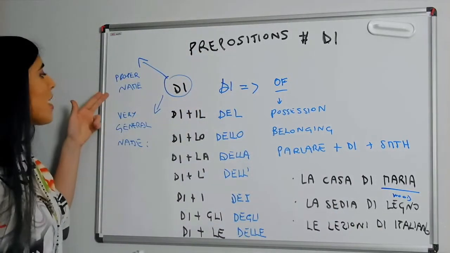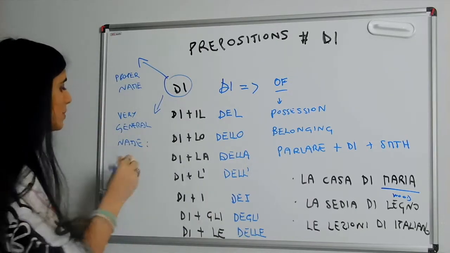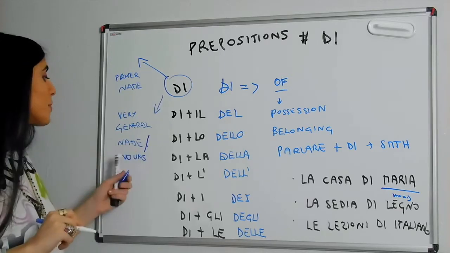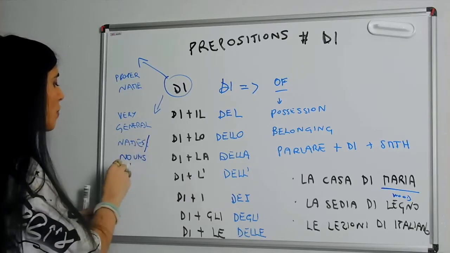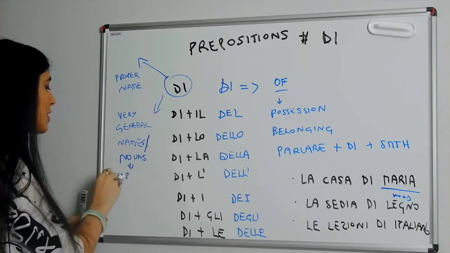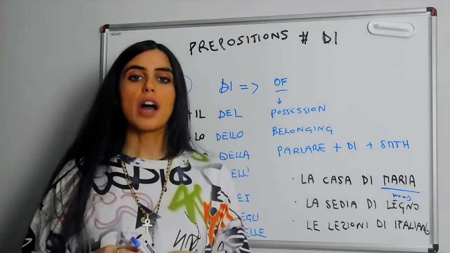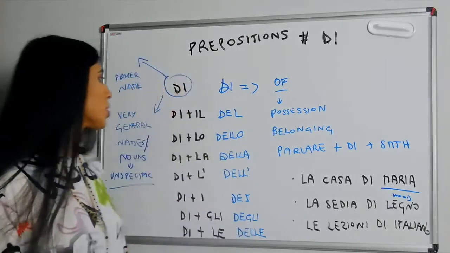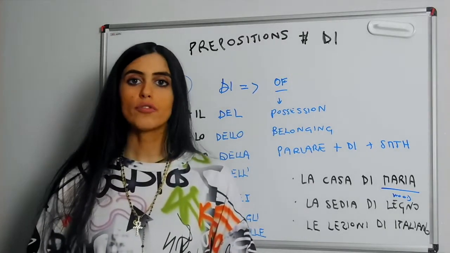So, when you have proper names, or when you have very general names or nouns, when they are a bit unspecific, then you're going to have simply di. But if we are individuating a specific set of individuals, then we're not going to use di, but we're going to use one of the combined versions for di.